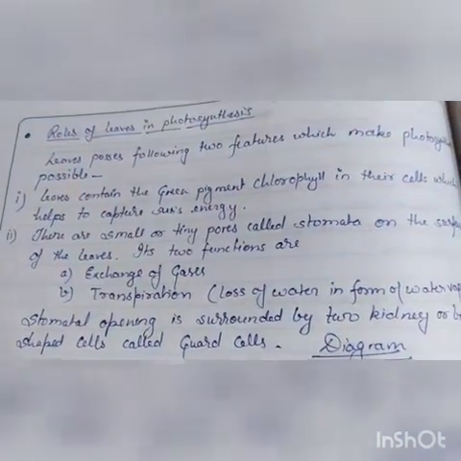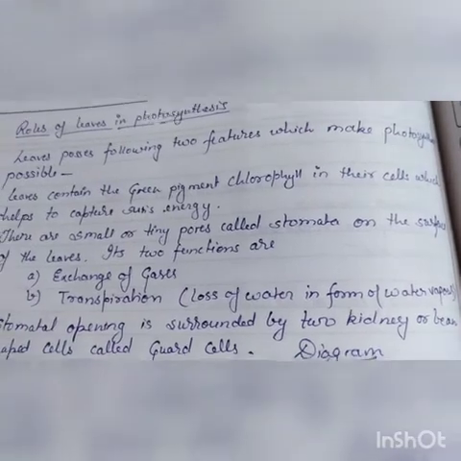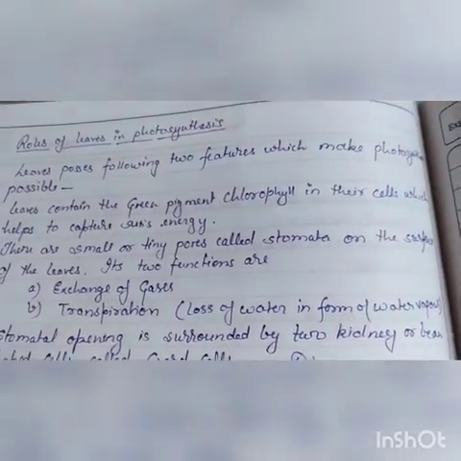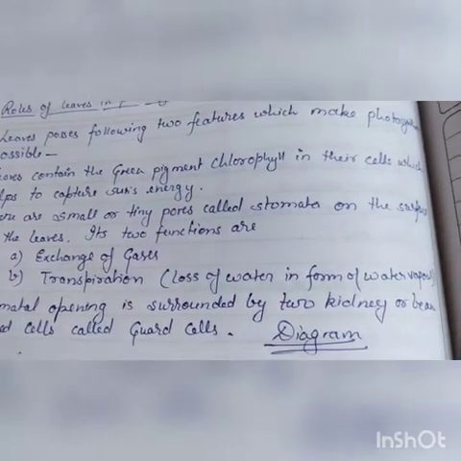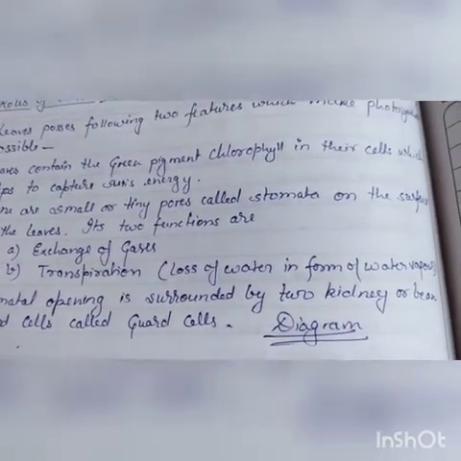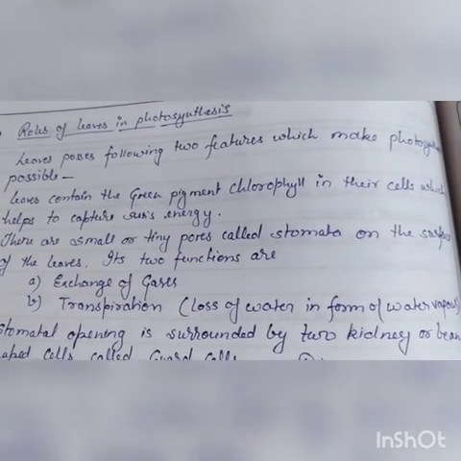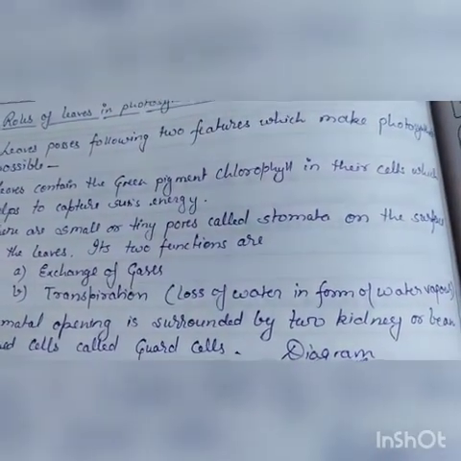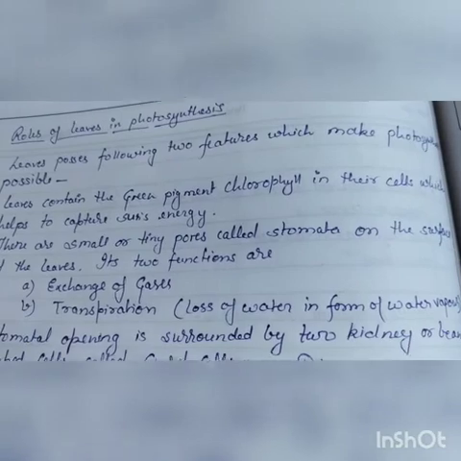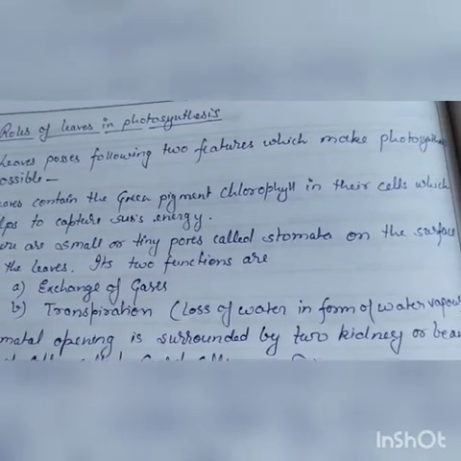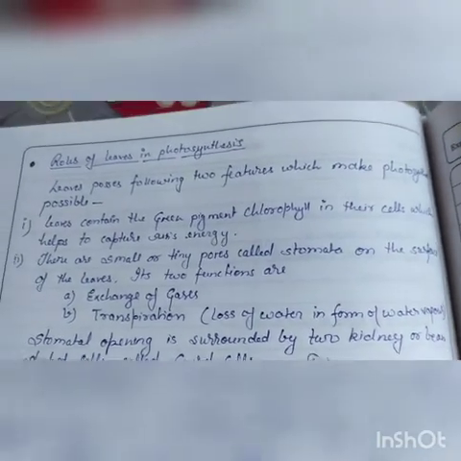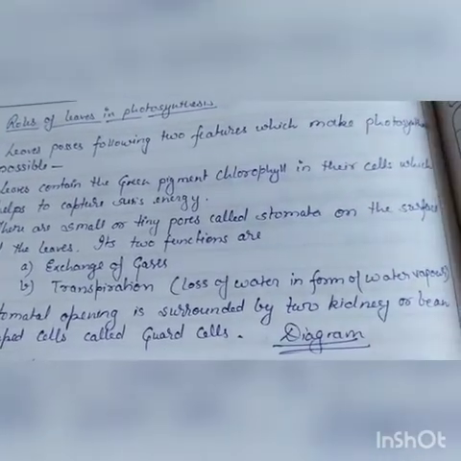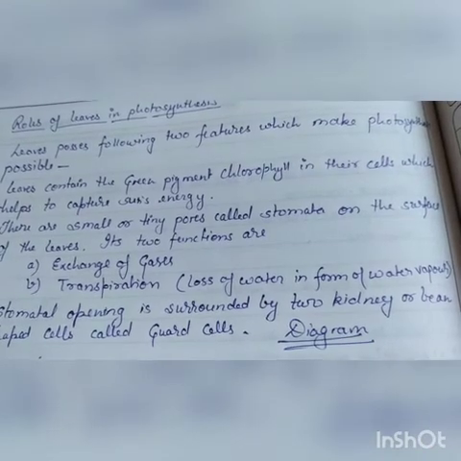And I have already told you chlorophyll is helpful in capturing the sun's energy because it is green in color, and it absorbs all the light colors except green. It reflects green color. So the first point is that a leaf contains the green pigment chlorophyll in its cells, which helps to capture the sun's energy.